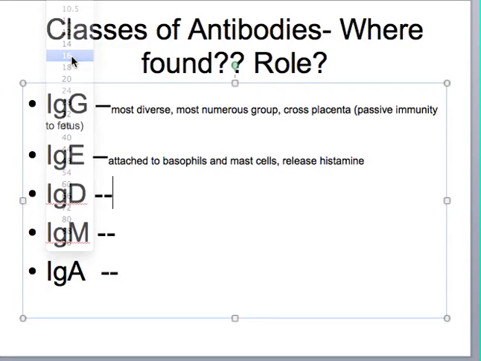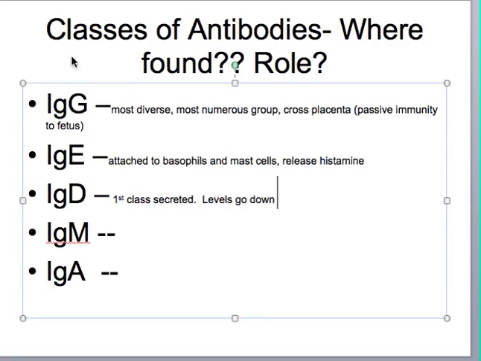IgM is the first class produced or secreted. The levels go down as IgG increases. So it's the first class that is secreted once you have an infection.